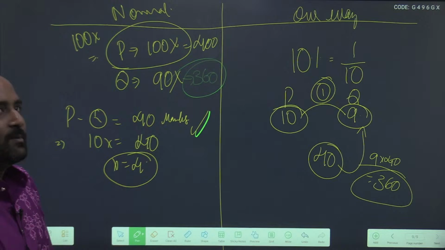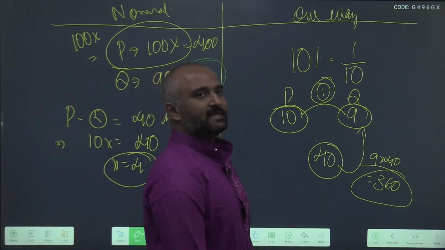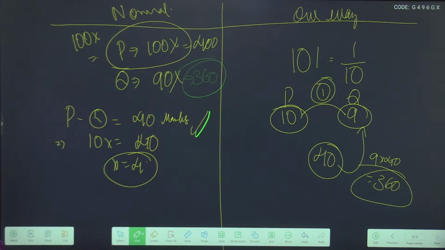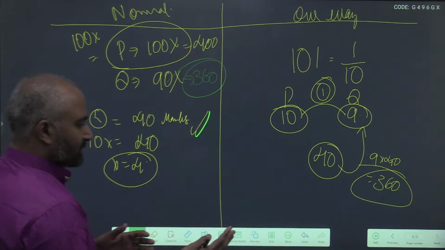If you are able to see this in terms of percentages and ratios, you should be dynamic enough to see percentages as ratios, because they all belong to the same family. The most efficient way to solve percentage problems is sometimes to solve them as ratios, sometimes as percentages.